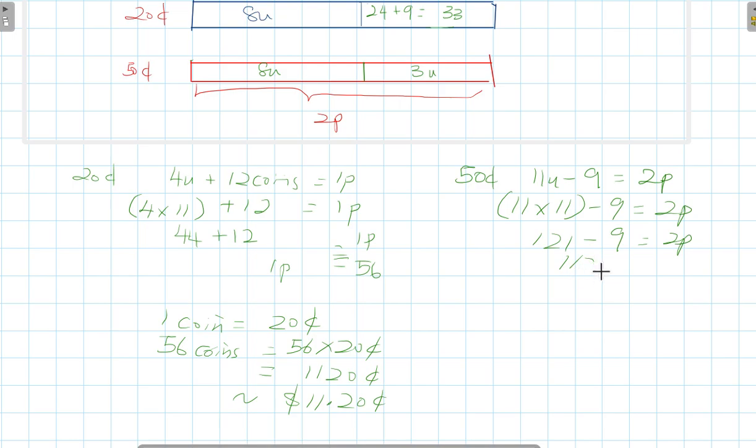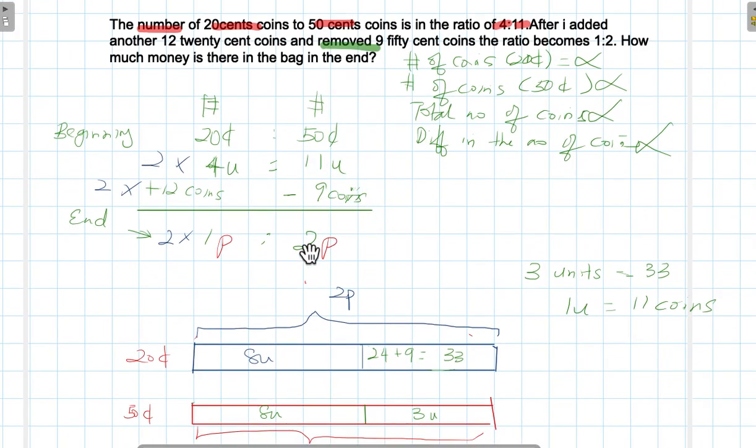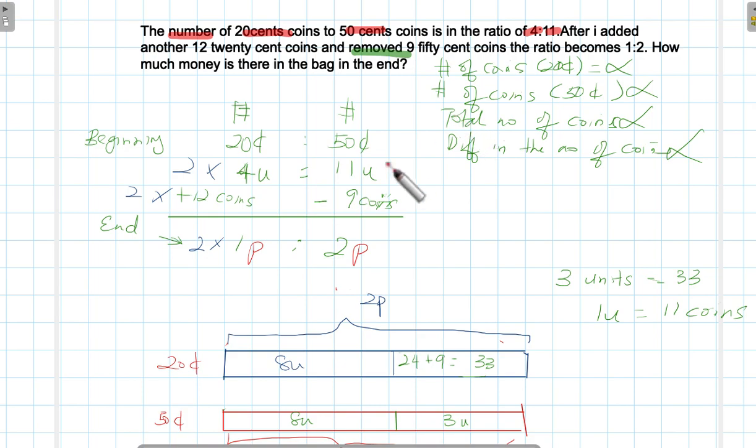So it's 112 coins. Because you know that in the end here, the beginning is 11 units, take away 9 coins, equals 2 parts. So here is the end money for the 50-cent coins.